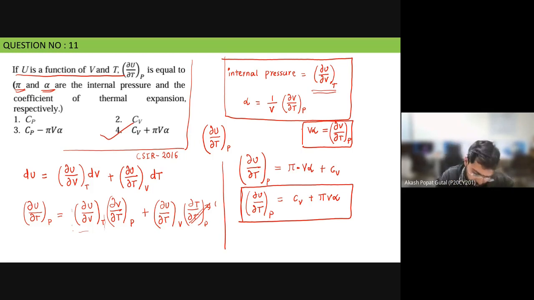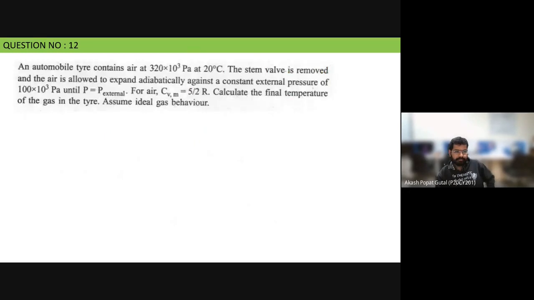This is, I think, a 4-mark question. The next question: an automobile tire contains air at 3.20 times 10 raised to 3 Pascal at 20 degrees Celsius. The stem valve is removed and the air is allowed to expand adiabatically against a constant external pressure of 100 times 10 raised to 3 Pascal until P is equal to P external.